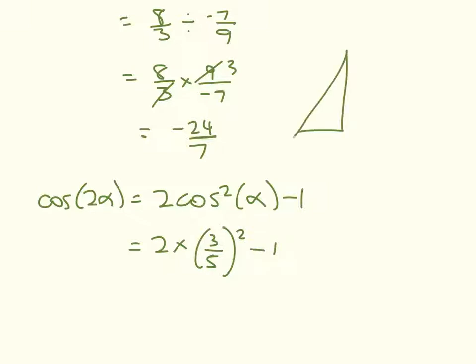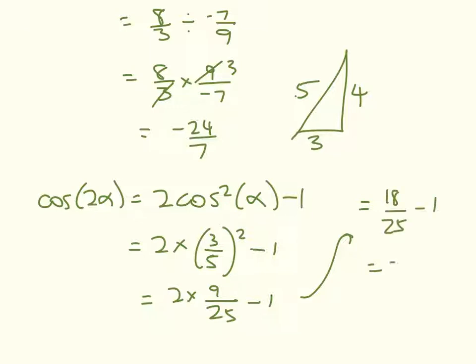Right, so what we've got here is we've started with a 3, 4, 5. We've been given one ratio, and now we can work out the other two. So we've got 2 times 9/25 minus 1. Works out to be 18/25 minus 1, which is -7/25.